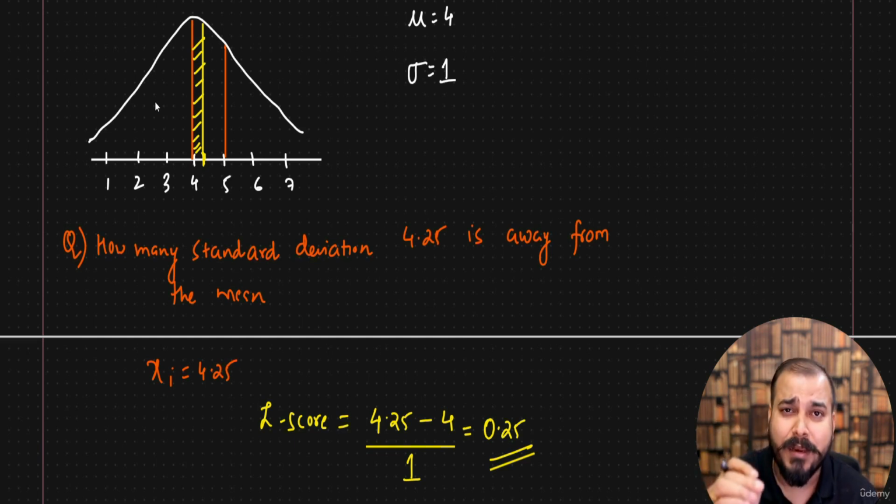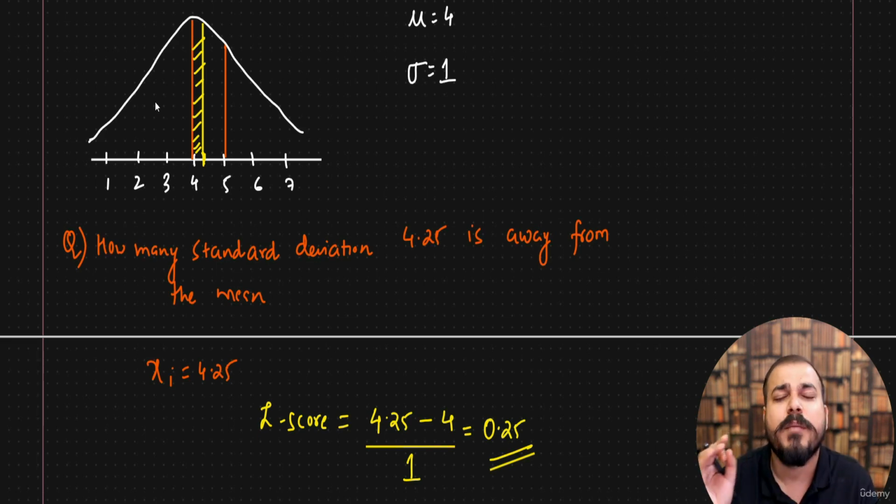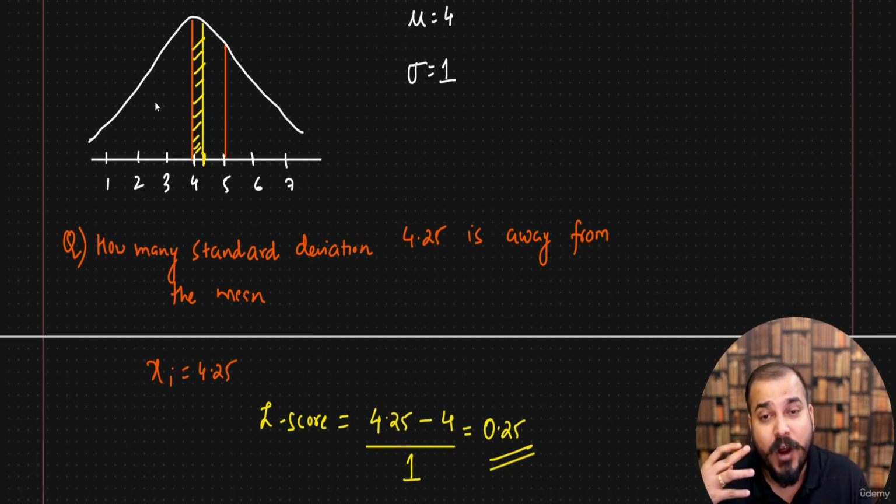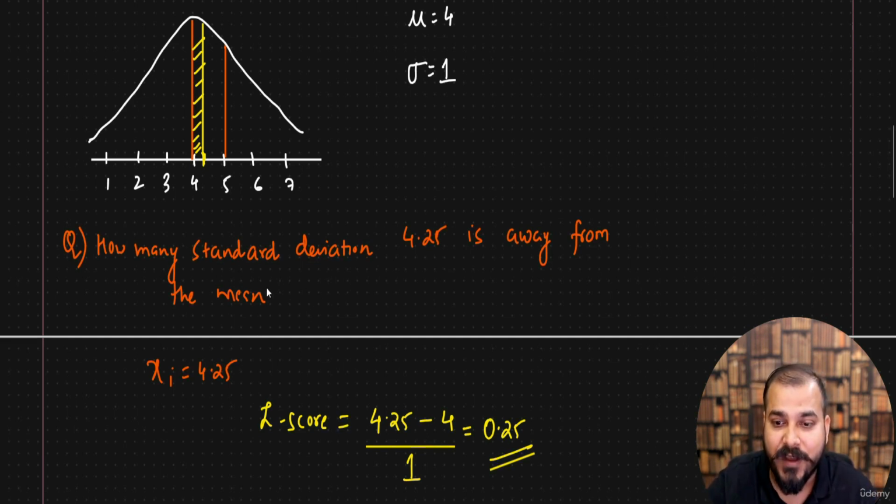Don't worry, I will explain that as we go ahead, when I give you interview-style questions. It will be super important for a data analyst doing exploratory data analysis to understand that specific data. But the question I asked here is how many standard deviations 4.25 is away from the mean. This is a very good question.